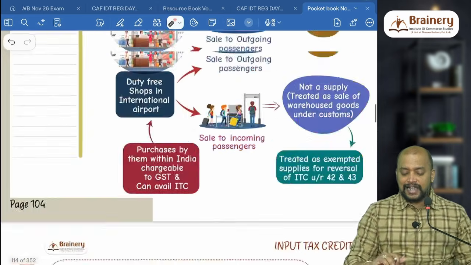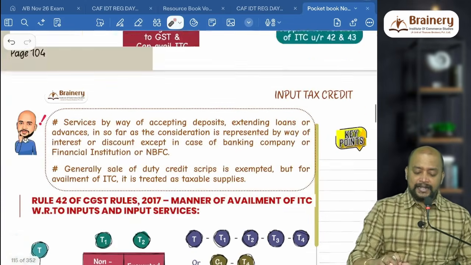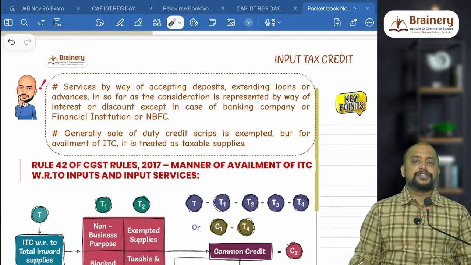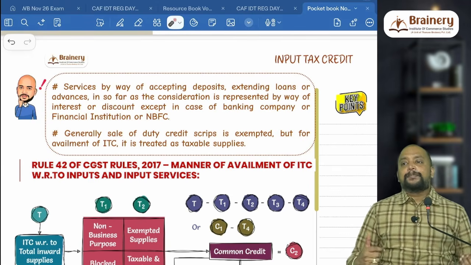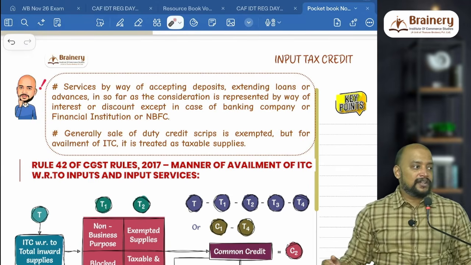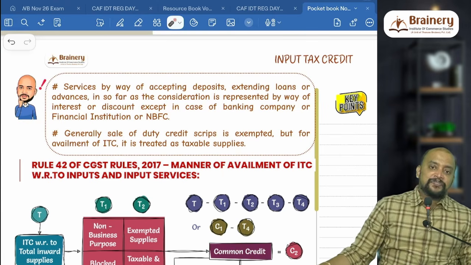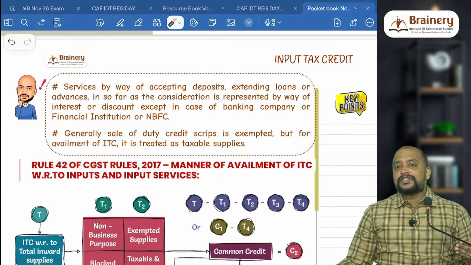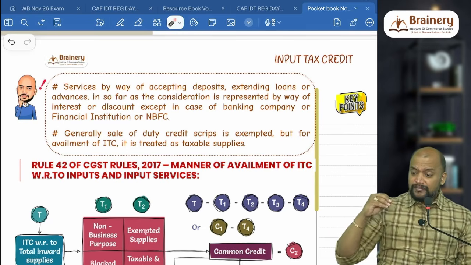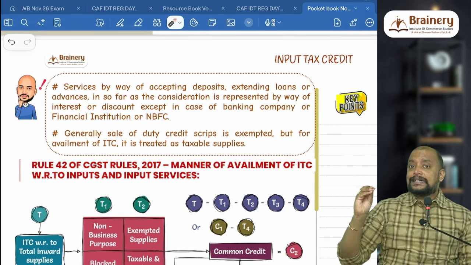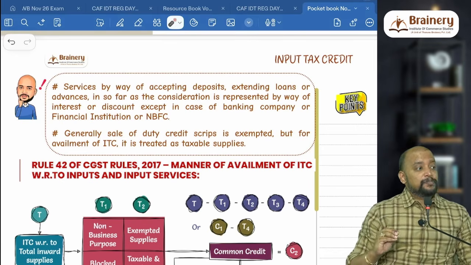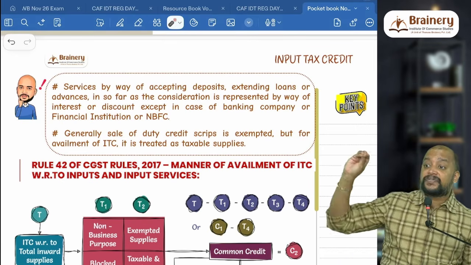Okay, that is excluding these 2, but this is except in case of banking company, financial institution, NBFC, which means for a bank, don't sleep here, for your sake only I am revising. Okay, don't sleep. So in case of bank, financial institution or NBFC, what they will do is that they have to treat this interest on loans, advances, deposits as exempted both for payment of GST as well as for ITC.